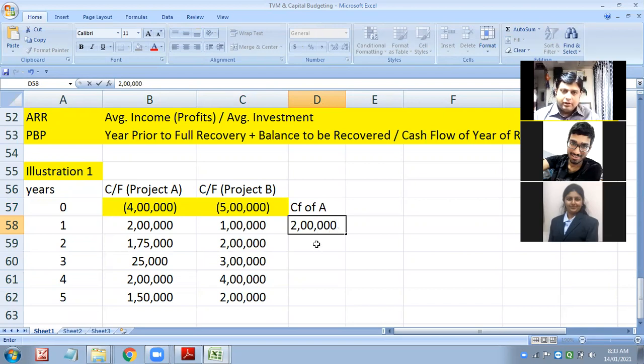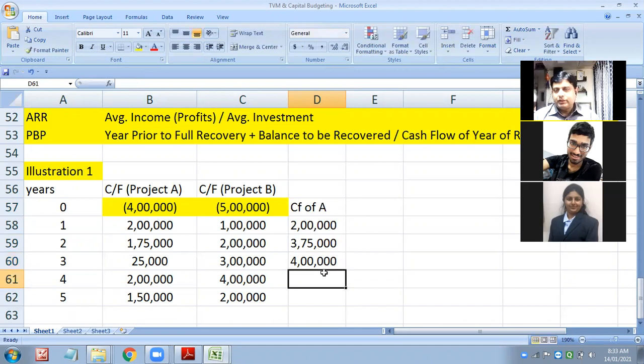Second year, 3 lakh 75,000. Third year, 4 lakh. So I have invested 4 lakh, and I am going to recover my 4 lakh after 3 years.